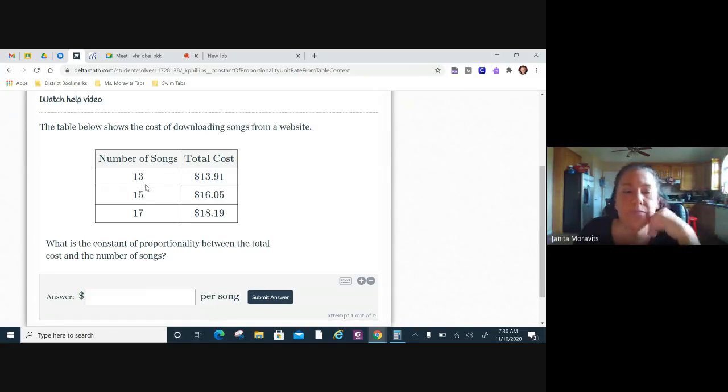So what we're going to do, if you were to work these out, because this is a proportion, it would not matter which one of these you use to do your division. You could say $13.91 divided by 13. You could say $16.05 divided by 15, or you could say $18.19 divided by 17. And I'm going to show you that here in just a second.